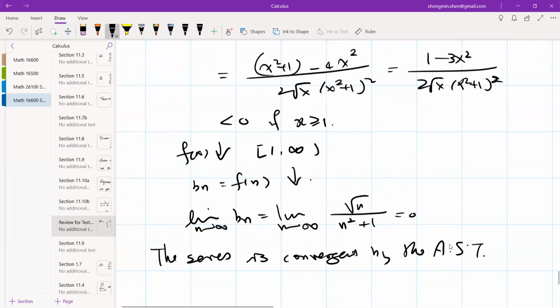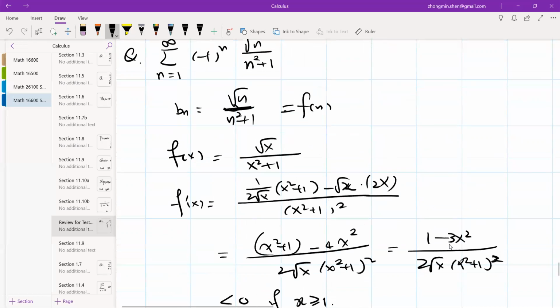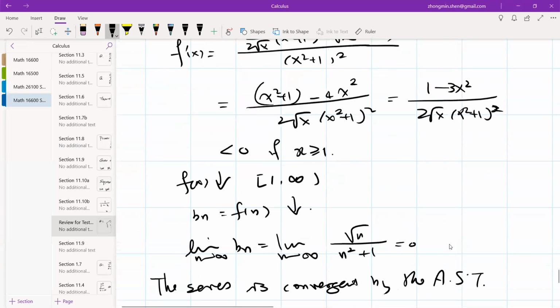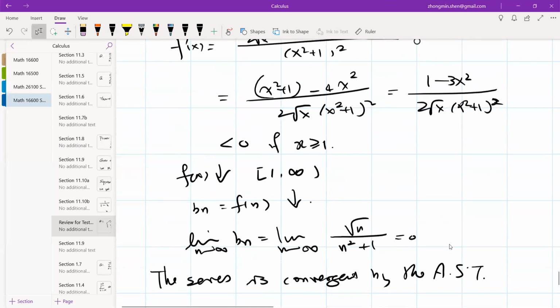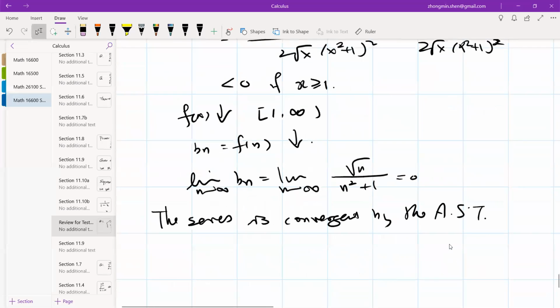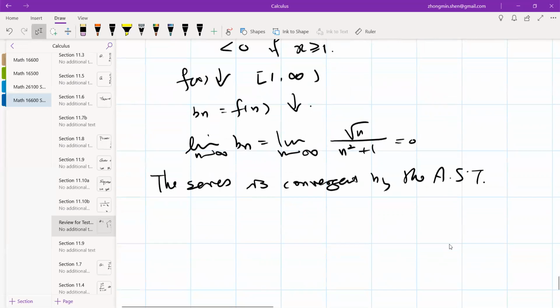It works, right? But that takes too much space, and you may have to write on the back side of the page. It takes more time. If something is missing here, you're not going to get full credit.